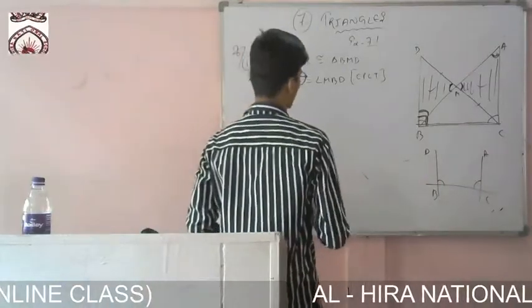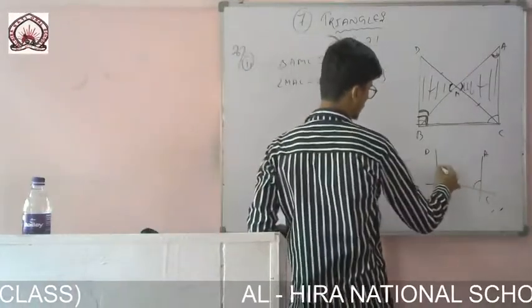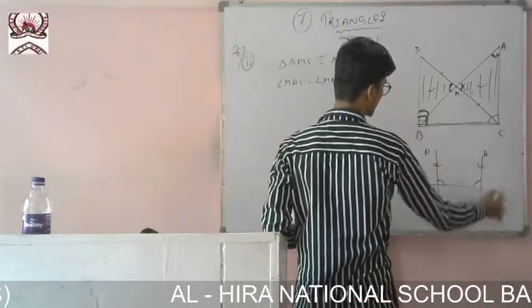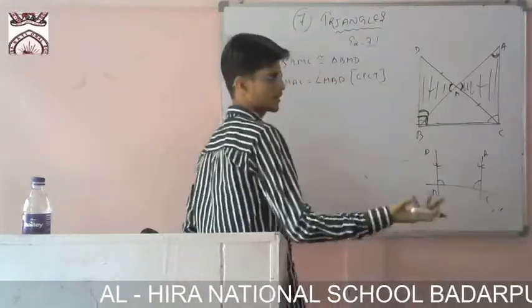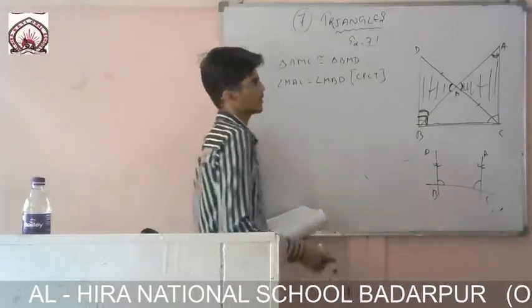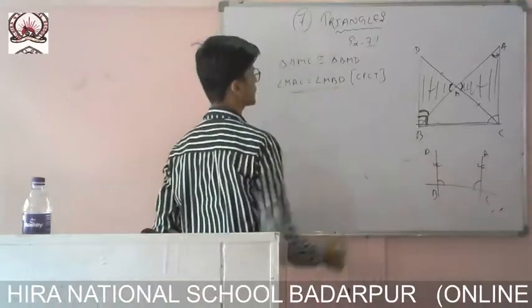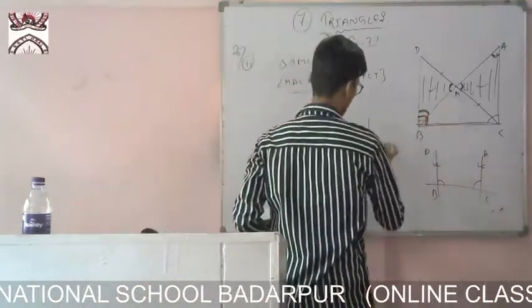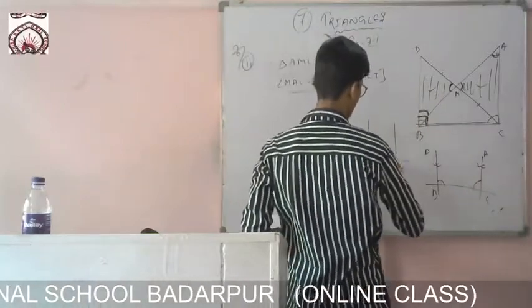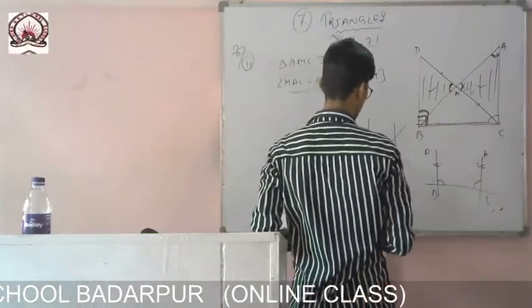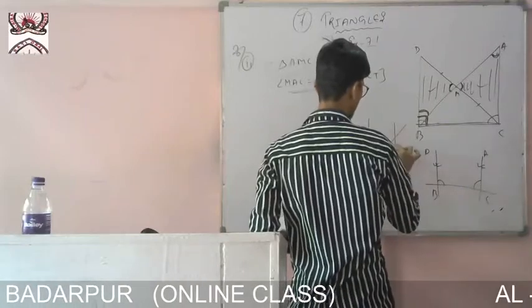Okay. So now the question comes, how can we say that these two lines are parallel? Anything else I cannot take. So if you see this line, what we have done here, we have shown that for two lines and this BA as a transversal, this angle is equal to that angle.